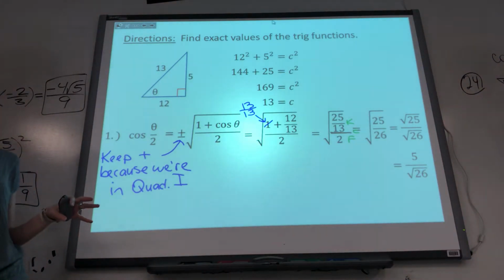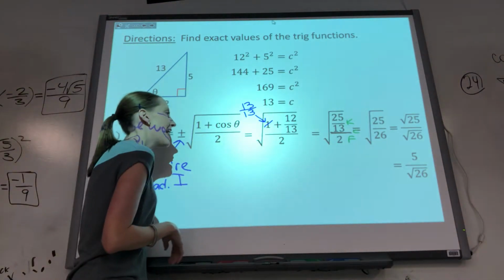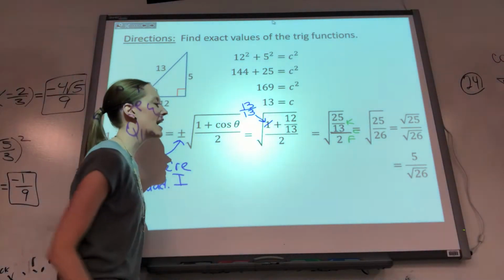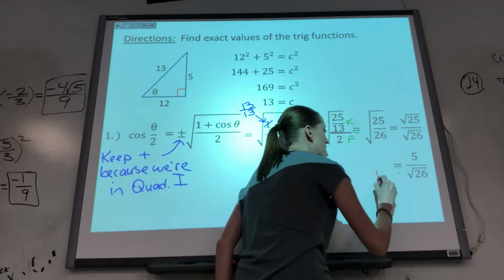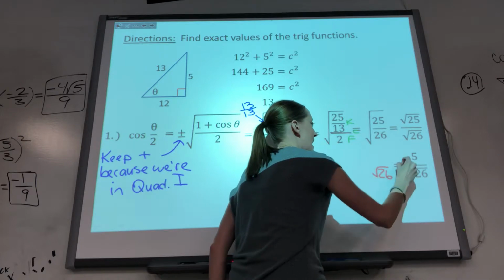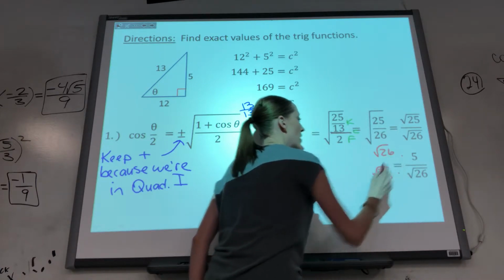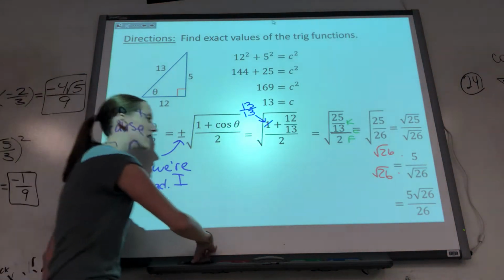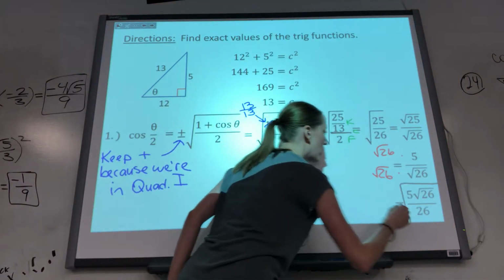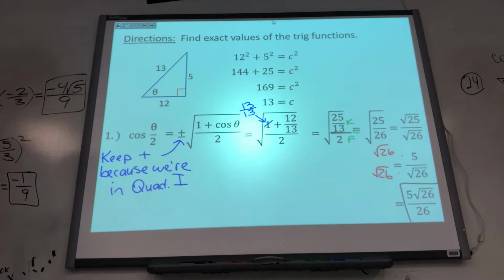No more square root symbol. And for the time being, I left the square root of 26 on bottom, but we should rationalize that because we don't want to leave a square root on the bottom of a fraction. So we will write our answer as 5 square root of 26 all over 26.